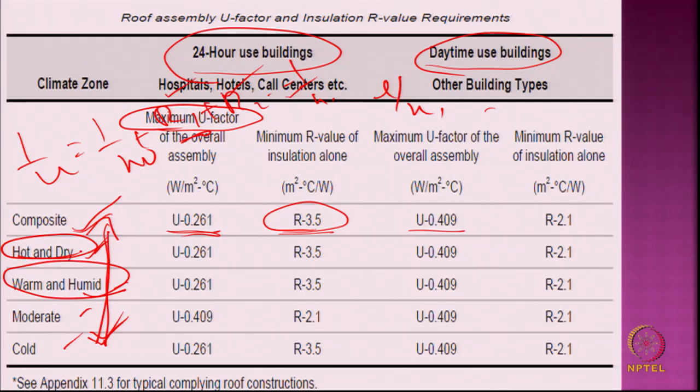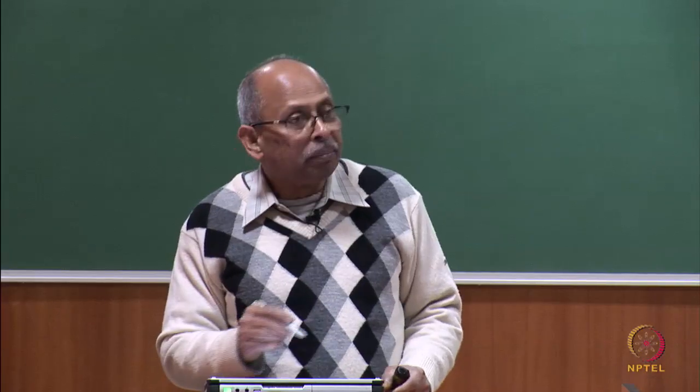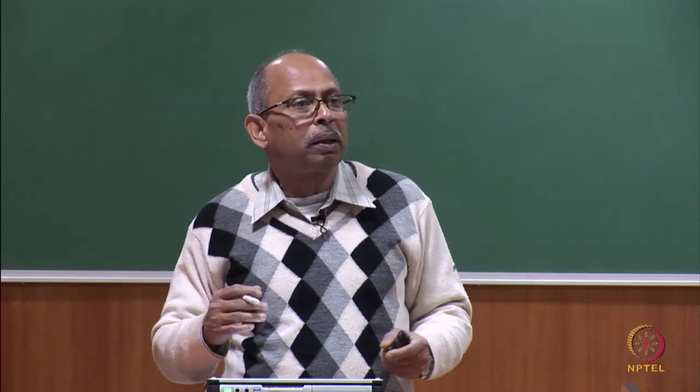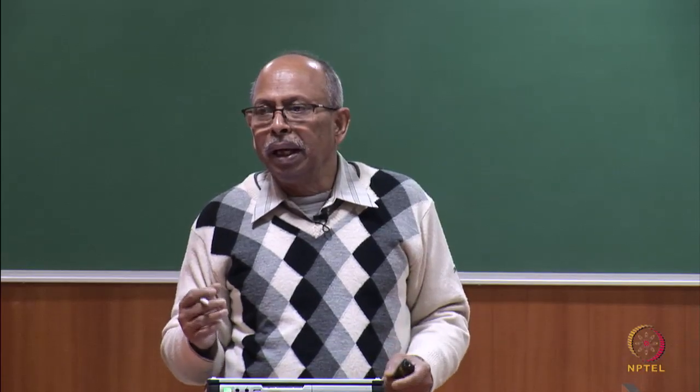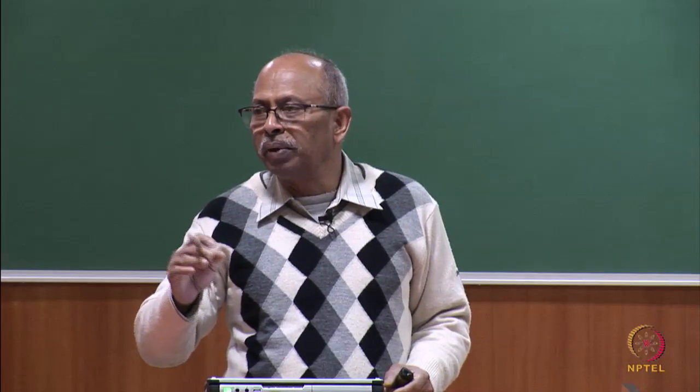Now, moderate climates are some modification of these climates, largely this and once in a while this also, because of altitude. For example, over the Deccan plateau the temperature variation is relatively less, it is almost a comfortable condition, maybe around 25 and relative humidity around 50-60%.